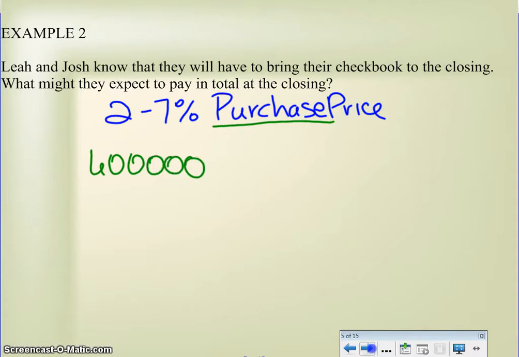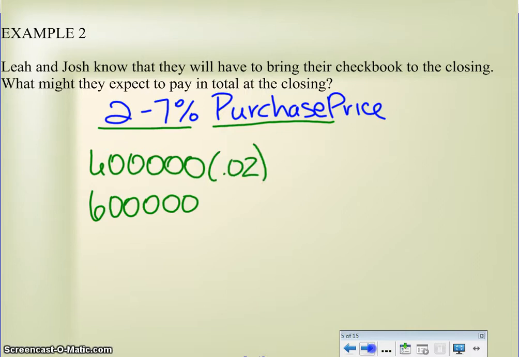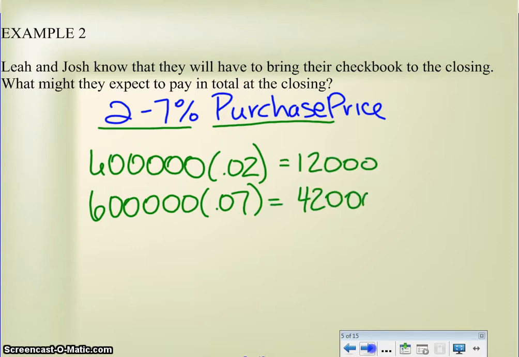And so all we need to do here, because we know that it's going to be 2 to 7%, is take that $600,000 and multiply it by 0.02, and multiply it by 0.07. When we multiply it by 0.02, we get $12,000. By 0.07, we get $42,000.